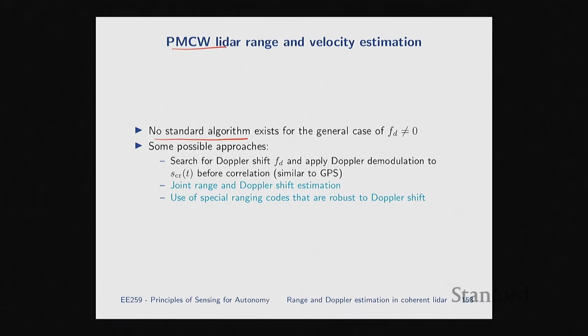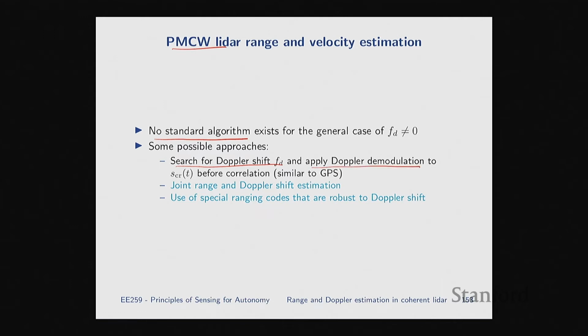First idea is exactly the same thing we did for GPS, right? This was also a problem for GPS. Remember, in GPS you had to jointly estimate your range and Doppler, or the way GPS receivers work, they would search for the Doppler shift, and once they found it, they would cancel it out by doing Doppler demodulation.